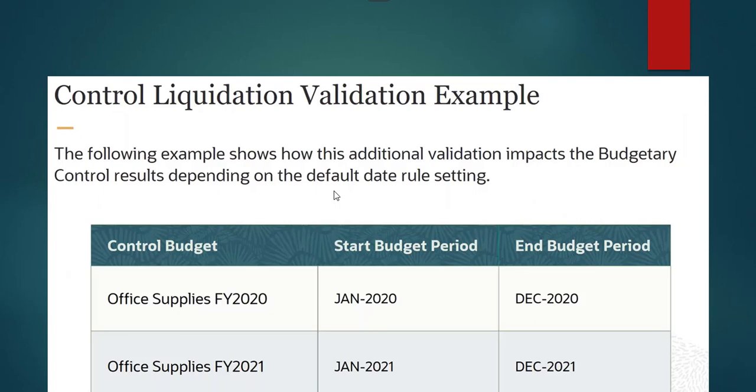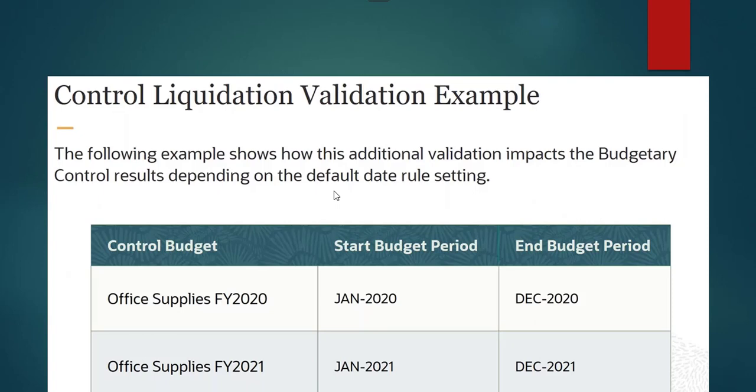The payable invoice comes in the following year and has a budget date of the 19th of January 2021, and it's entered into the system on the 8th of February. So we have our budget dates for the purchase order are 24th of December, and the system date was the 24th of December, but the invoice comes in the following year.